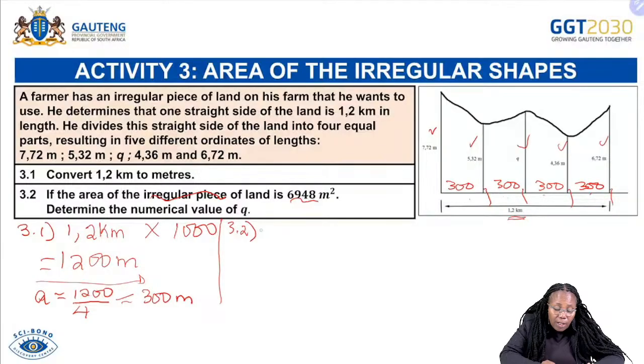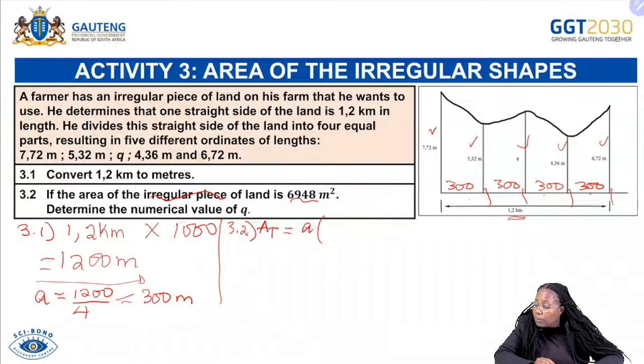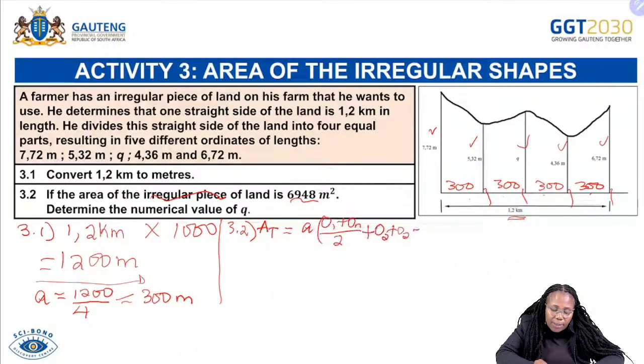So now if we take the formula, A total is equal to A for the equal parts into the Q, we are looking at the Q. We are going to say the O1 plus the O number last over 2, plus the next ordinate 2, ordinate 3, plus continuous up to the ordinate before the last one.